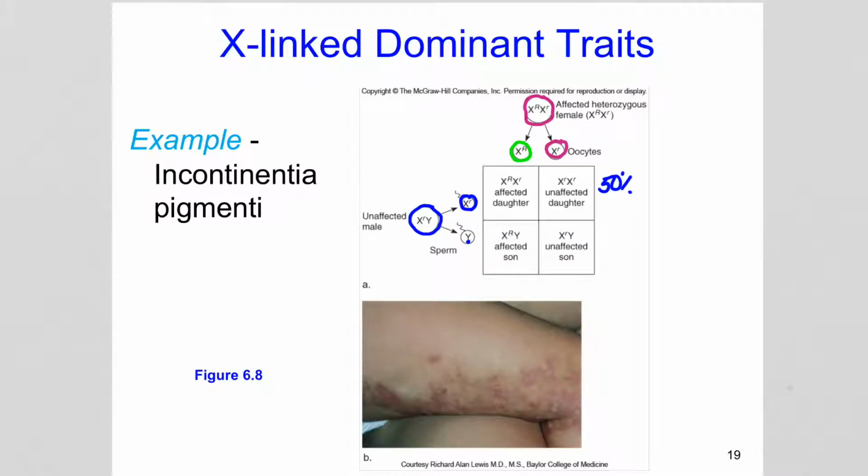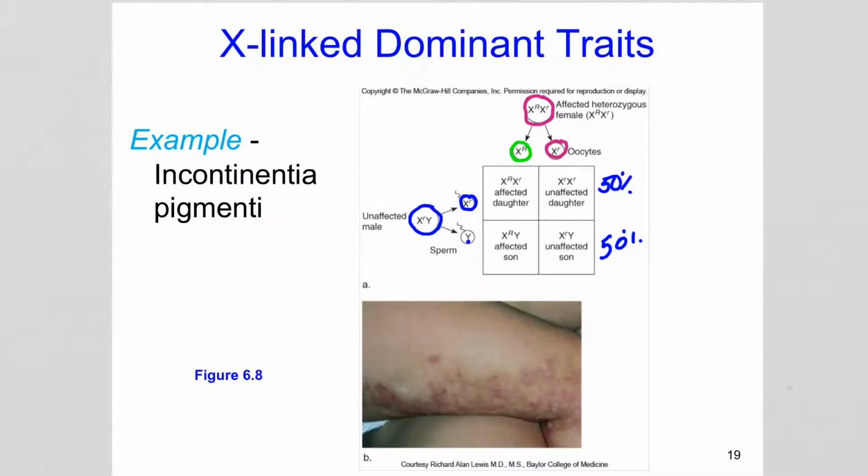So we look down at the sons, and it's exactly the same as our previous scenario. So we have 50% of the sons are going to be affected. This is always passed from the mother, and 50% unaffected. But the key difference here is that there are some cases where males who inherit that mutant allele may not even survive to be born.